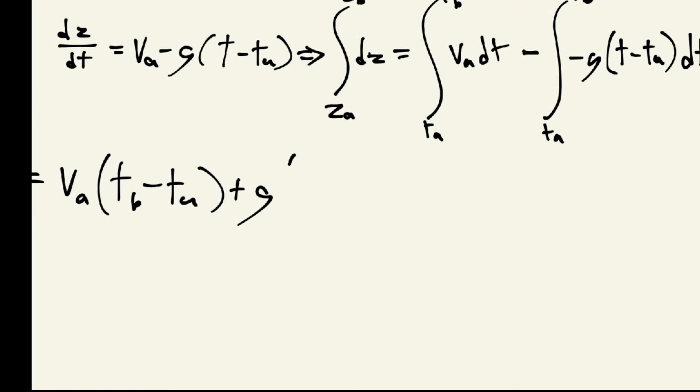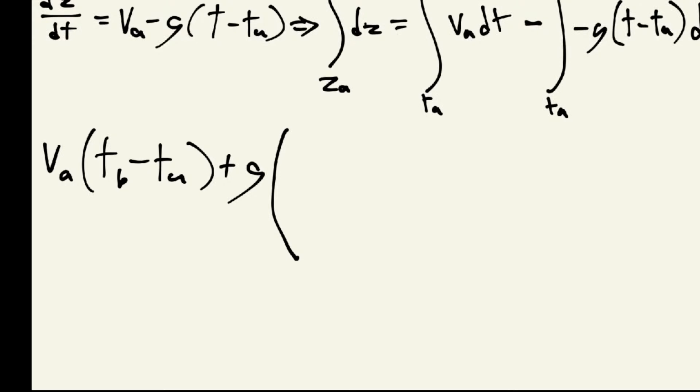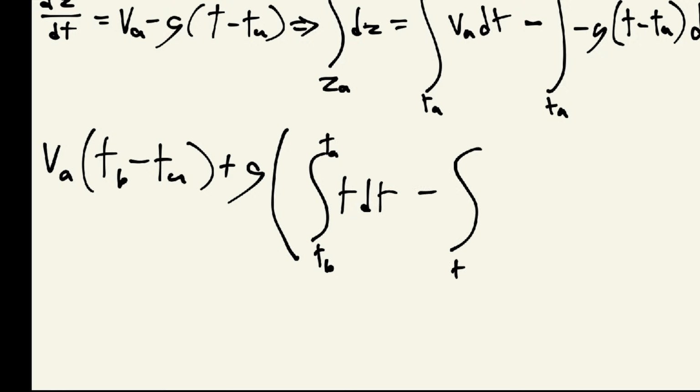So plus G, and then that times the integral from TB to TA of T dt minus the integral from TB to TA of just T sub A dt. And then the T sub A will come outside. But we can think about that later, so okay.